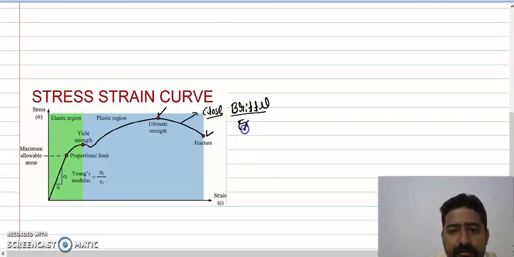For example, what examples can we give for brittle materials? Glass, which breaks quickly, then wood. These are the examples of brittle materials.